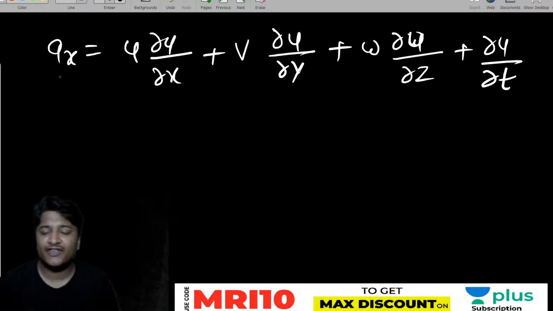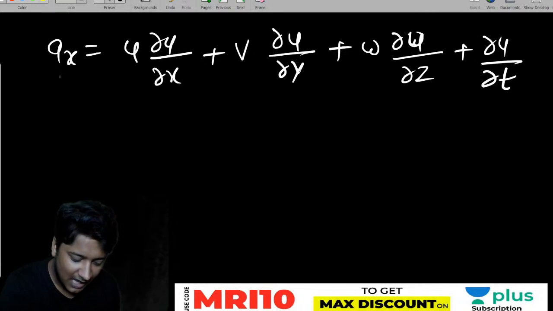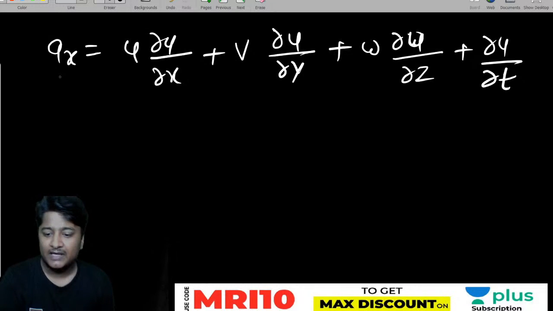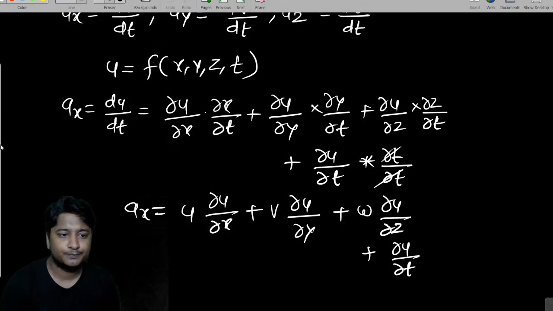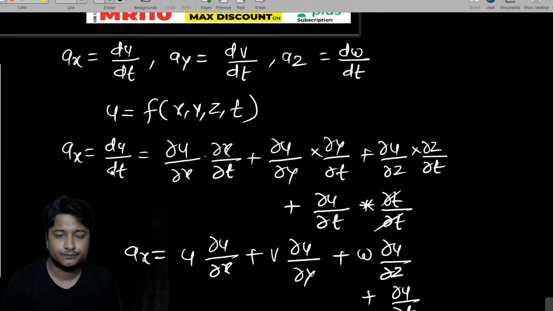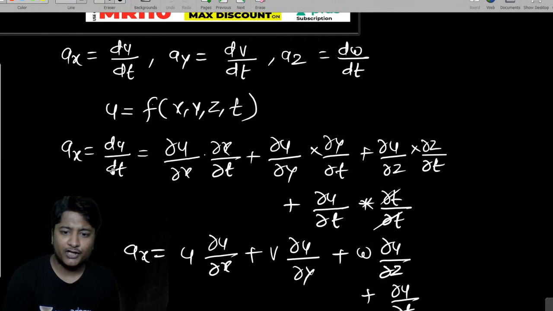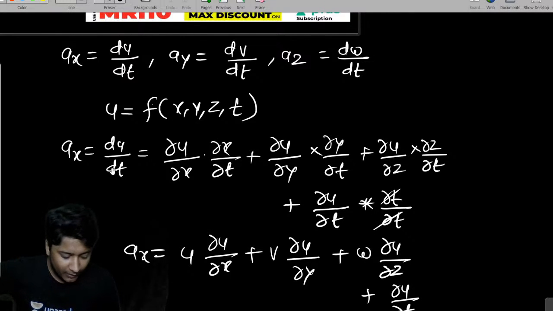So this is the formula we got for ax, the acceleration in x direction. I hope it is clear to all of you. If you want you can note it down. Everyone note it down fast.